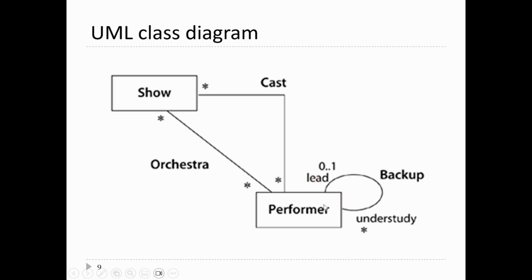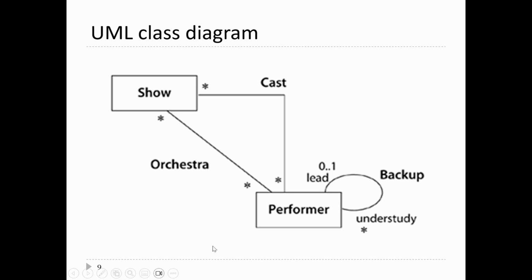So a performer might have 0 or more understudies, and going back the other way, an understudy can be the understudy for 0 or 1 lead roles. It's not usually the case that an understudy understudies more than one lead role. So there's an example of a class diagram that shows you the association relationships.